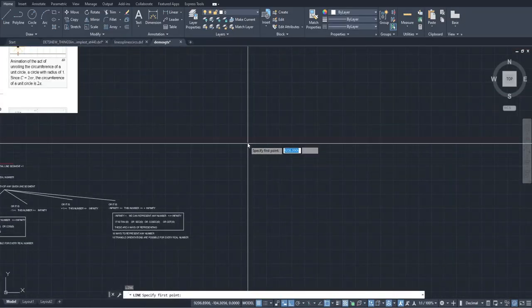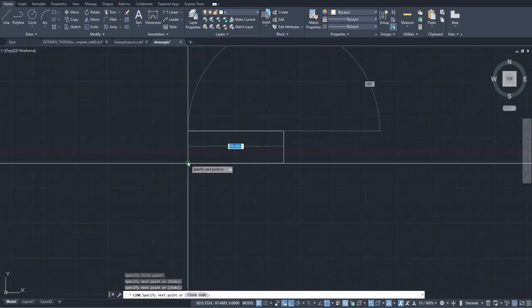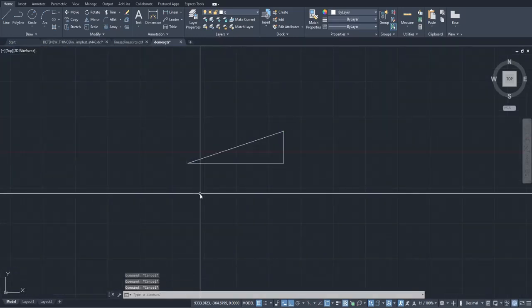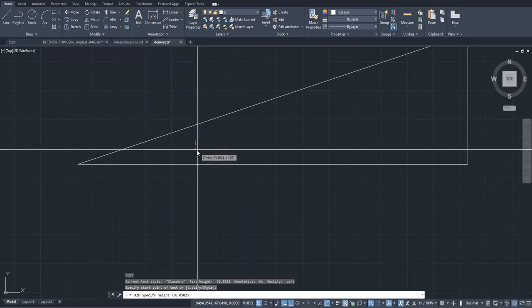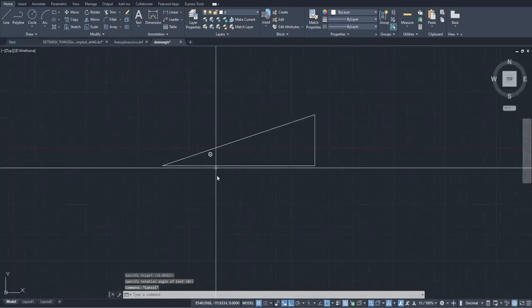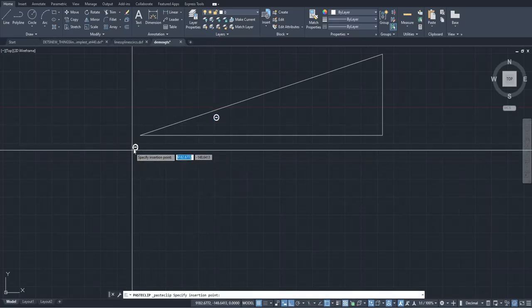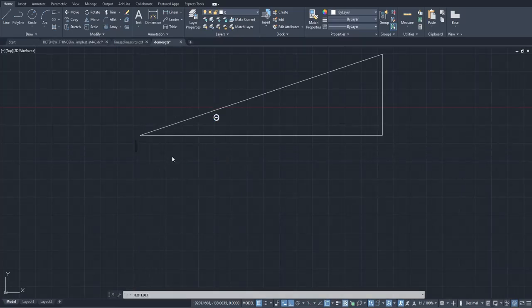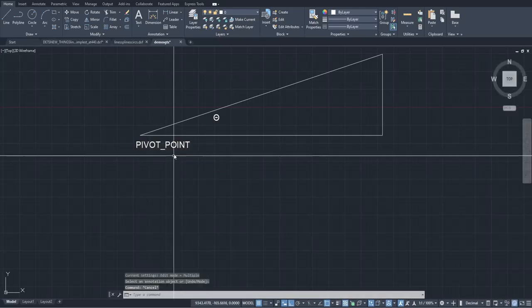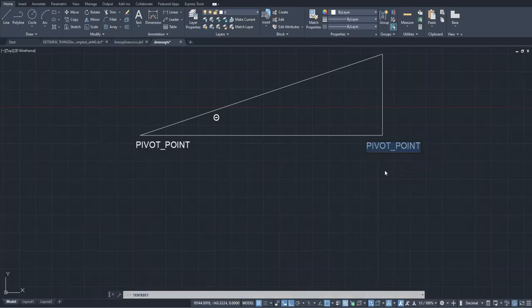Suppose I have a triangle like this, and the angle is theta. Now we know that this point where the hypotenuse meets the base is the pivot point, because many theorems depend on these names. So these are official names.